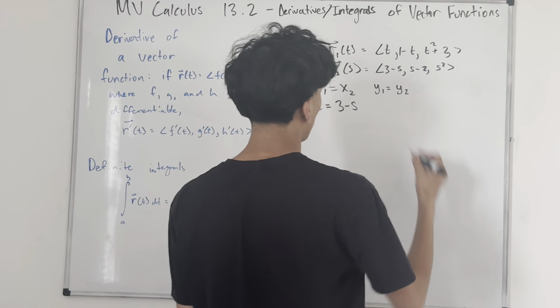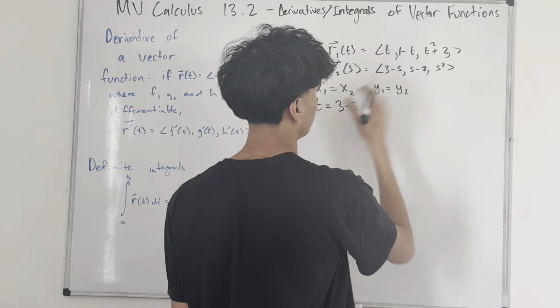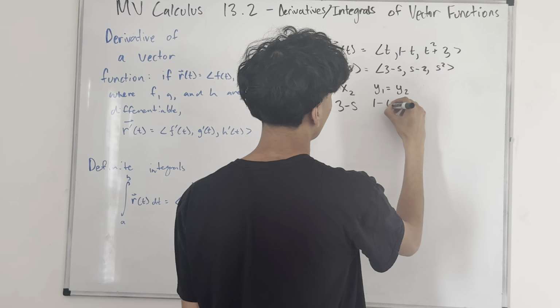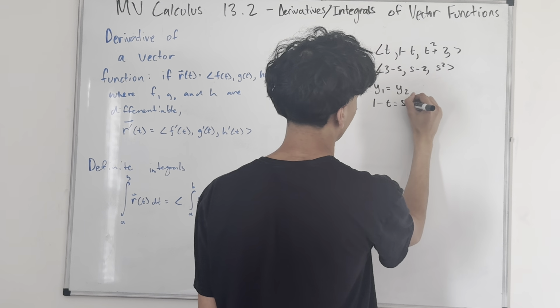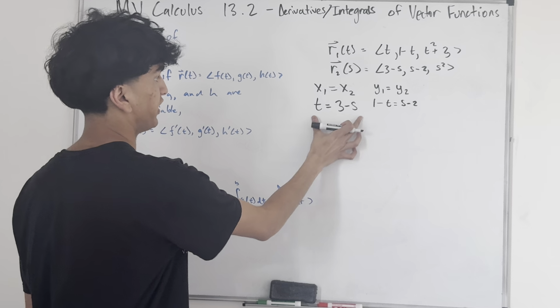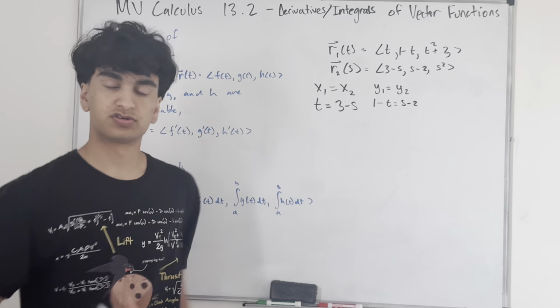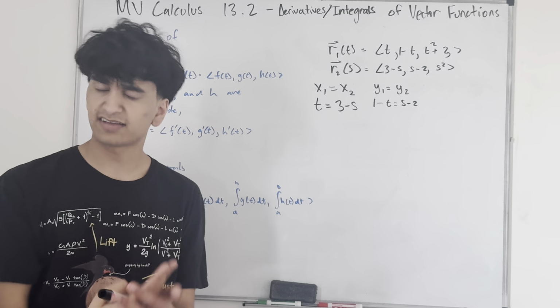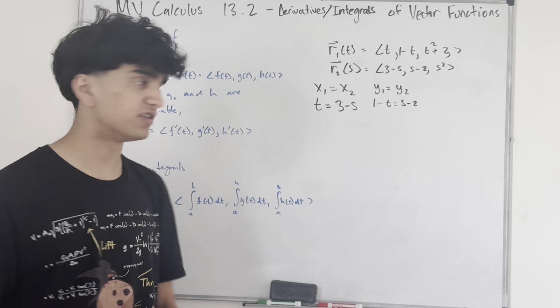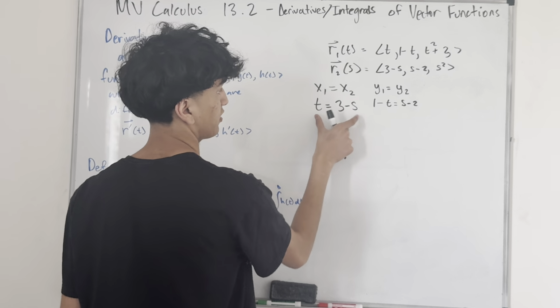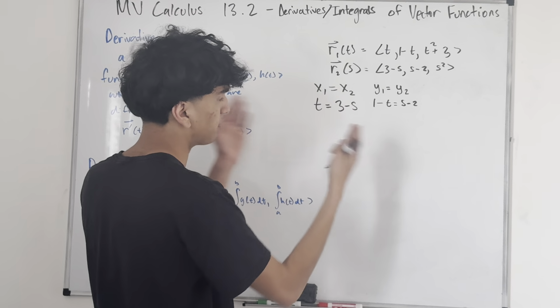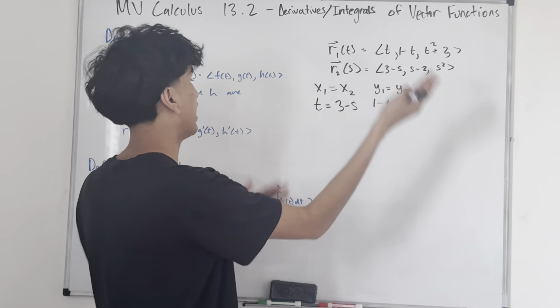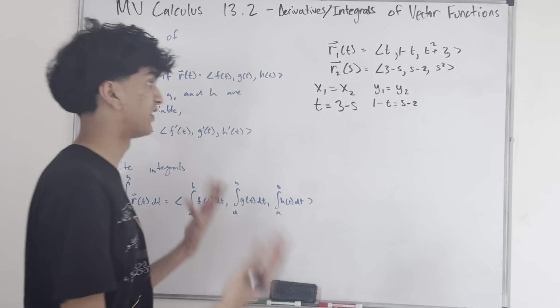They're going to be equal when 1 minus t is going to equal s minus 2. But the previous equation tells us when the x's are equal. So ideally, for intersection, we want the x's to be equal, the y's to be equal, and the z's to be equal. So I'm going to use the fact that when t is equal to 3 minus s, that's when the x's are equal.